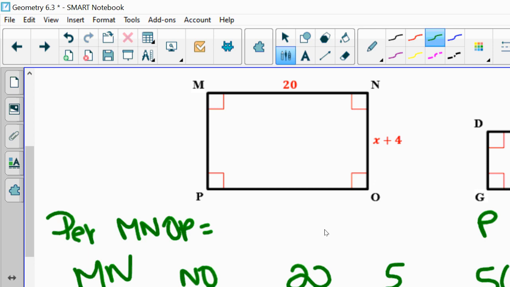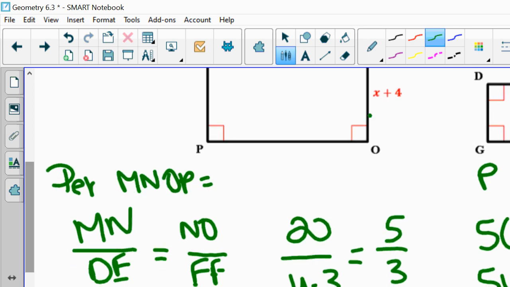So now I'm going to do the same thing with the x plus 4 and the 7.2. So x plus 4 over 7.2 also has to equal my scale factor, 5/3. So when I cross multiply, 3 times x plus 4 equals 5 times 7.2.